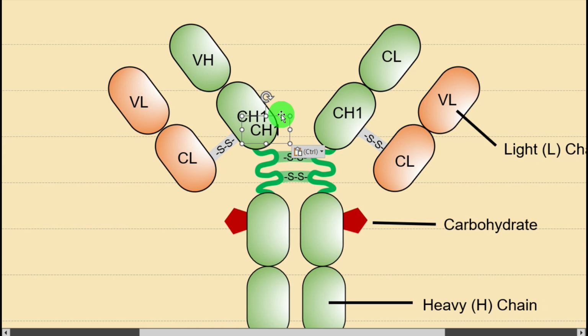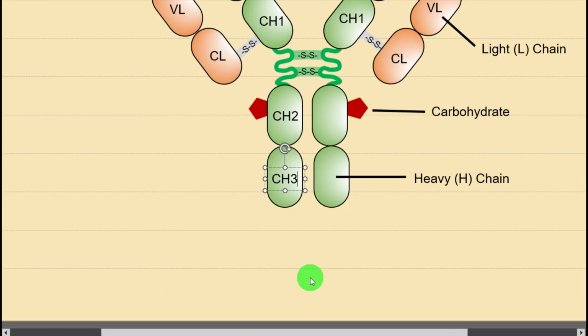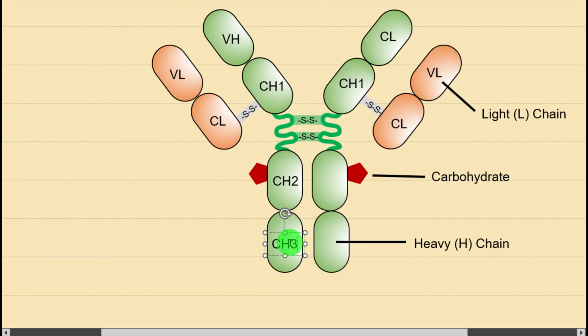And then I can move them down here. So this one is 2. Look how easy it is to understand the structure of the antibody by just simply drawing the structure and understanding every component of it, right? So 1, 2, 3, and then this is again 2 and this is 3.